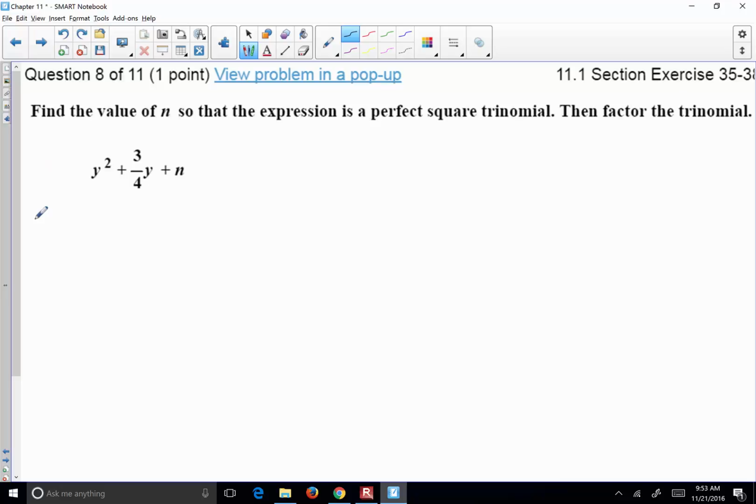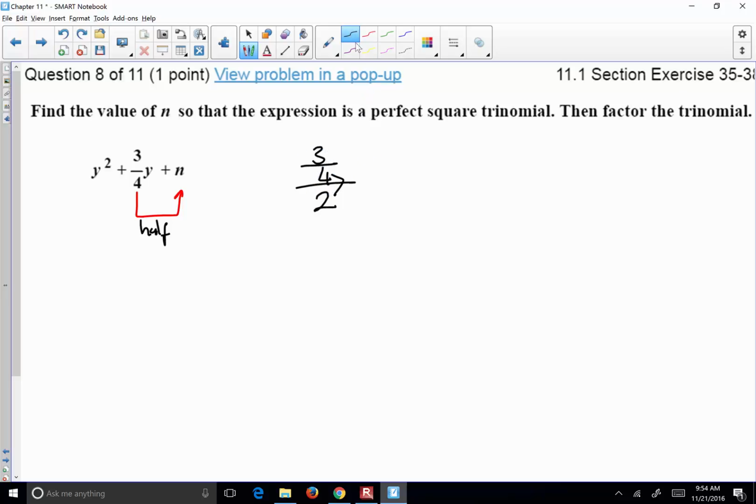Alright, let's do this one next. Again, don't change into a decimal. You take half. What is half of 3/4? You combine the denominators, unless you can cancel 3 and 2, we can't.